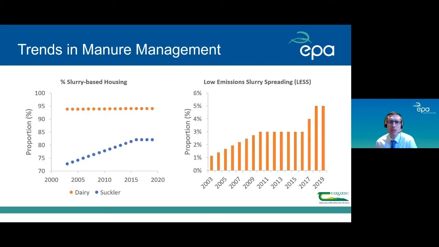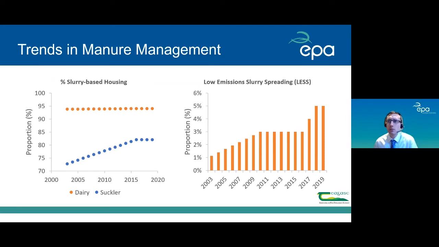Finally, in terms of the management of manure, the percentage of slurry-based housing on the left for dairy cows has always remained very high at nearly 95%, but there's also been an increase in slurry-based housing for sucklers and other beef cattle categories.